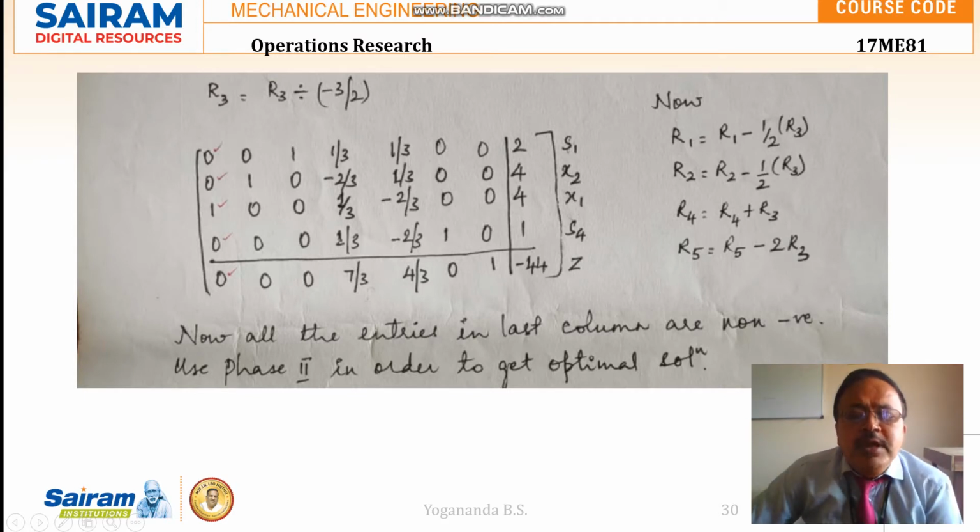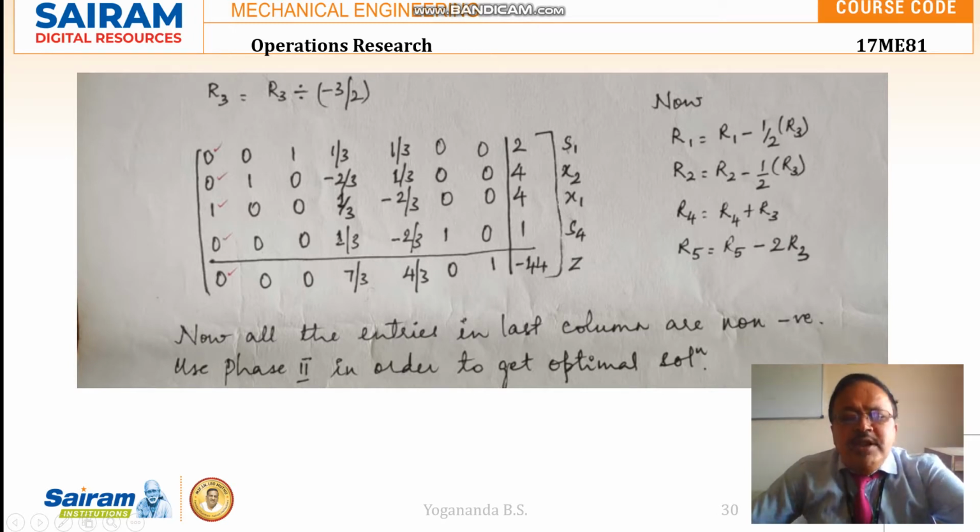Now we have non-negative entries in the solution column, and we don't have any negative entries in the objective function row either. So all the entries in the last column are non-negative, and we would use phase 2 to get the optimal solution.